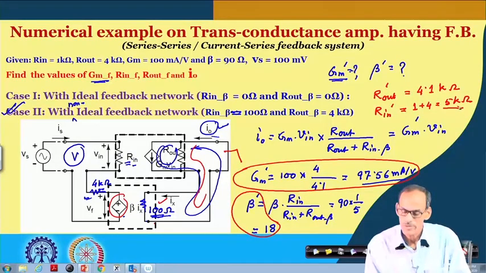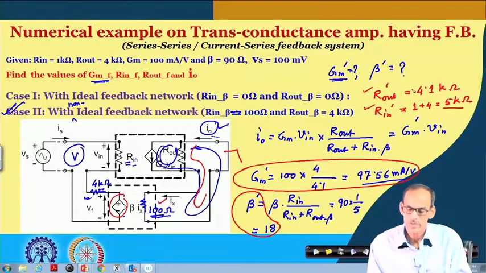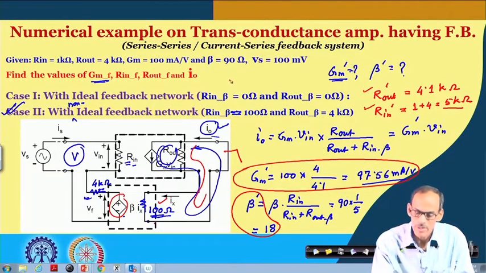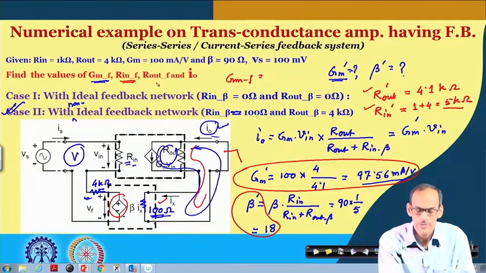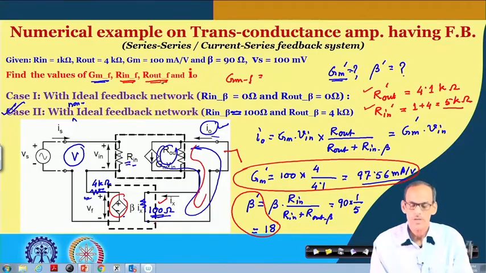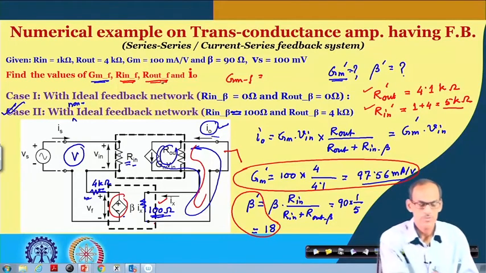So, now we obtain all these load affected parameters, and from that you can calculate what will be the GMF, and then R in F and R out F, and so on for this case.